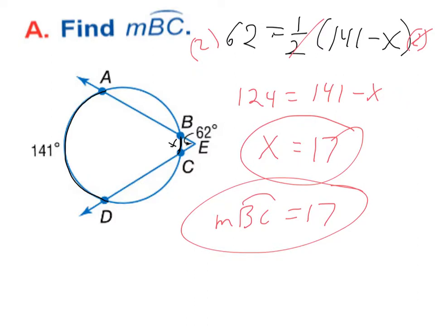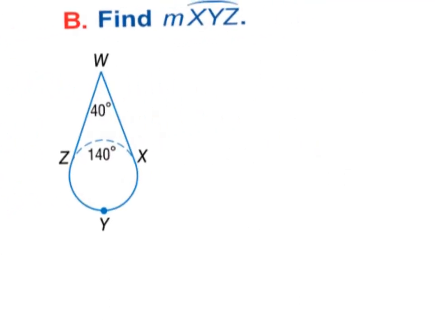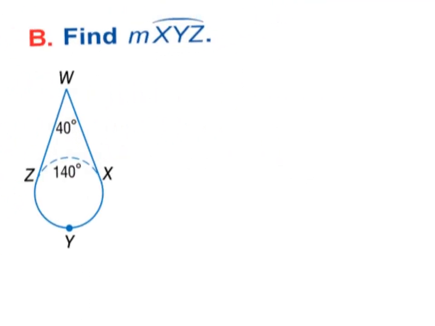Okay, let's look at the second question here. We have our angle, which in this case is 40. It's equal to 1/2 the larger arc, which we don't know what that is. We'll call it x, minus the smaller arc, which is 140.